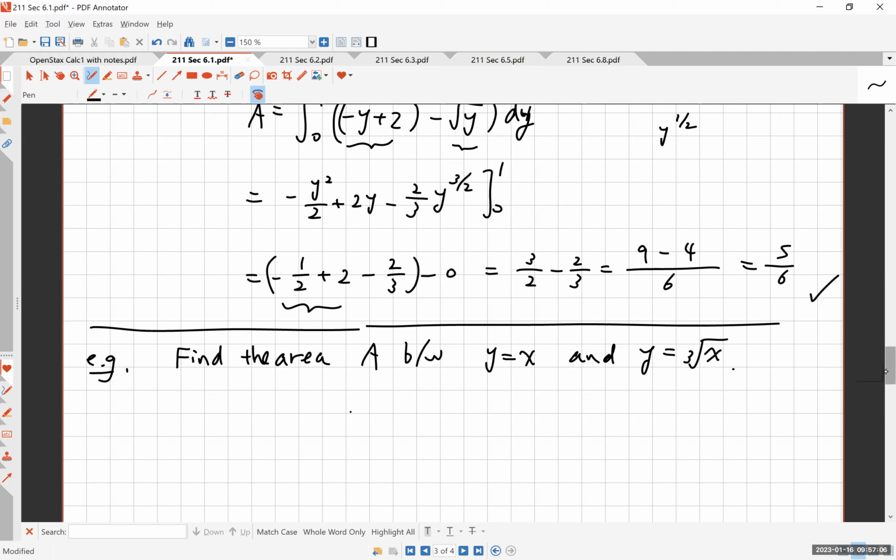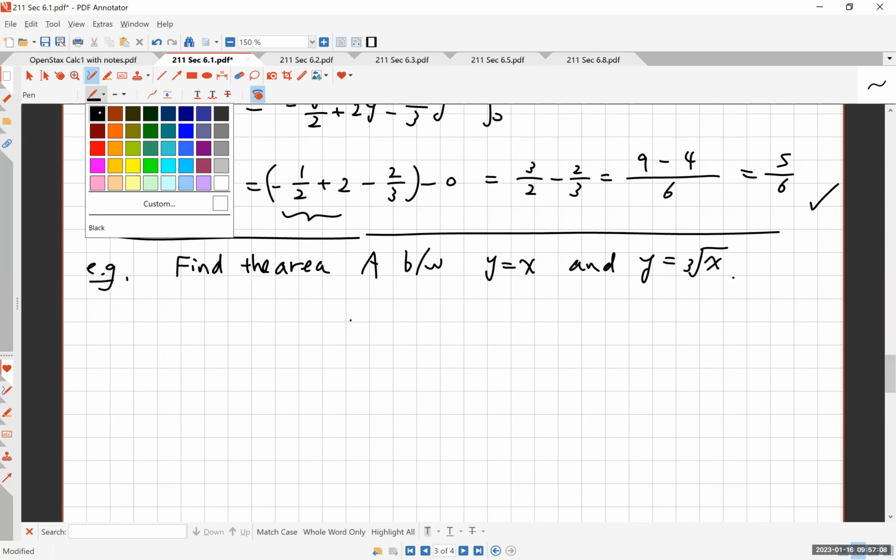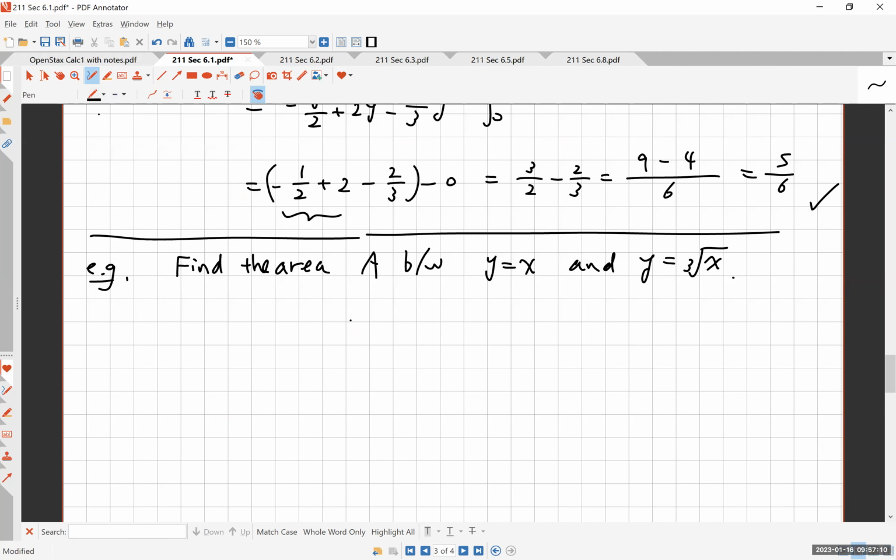Okay, now sometimes a graph may not be given to you. You may have to figure out the graph. In this case, you are not given the graph, you're just given two functions. So you have to either imagine or draw accurately the picture so you know the endpoints and you can figure out what they're looking for, right? The area between these two functions.